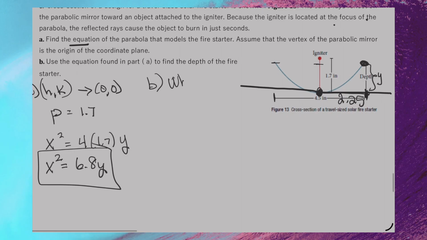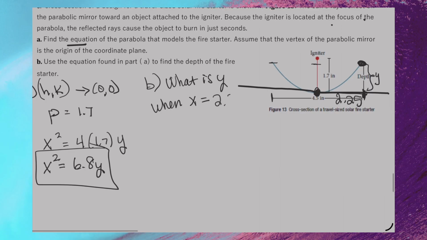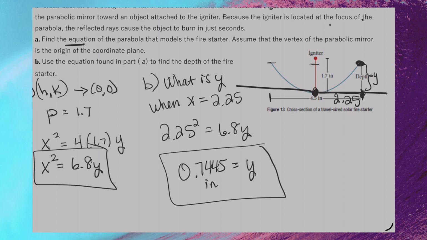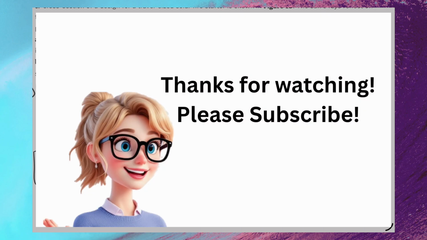So what is y when x is 2.25? Use your equation. 2.25 squared equals 6.8y. We solve it. 0.7445 inches deep. That is the depth at that spot. All right, that's it for parabolas.